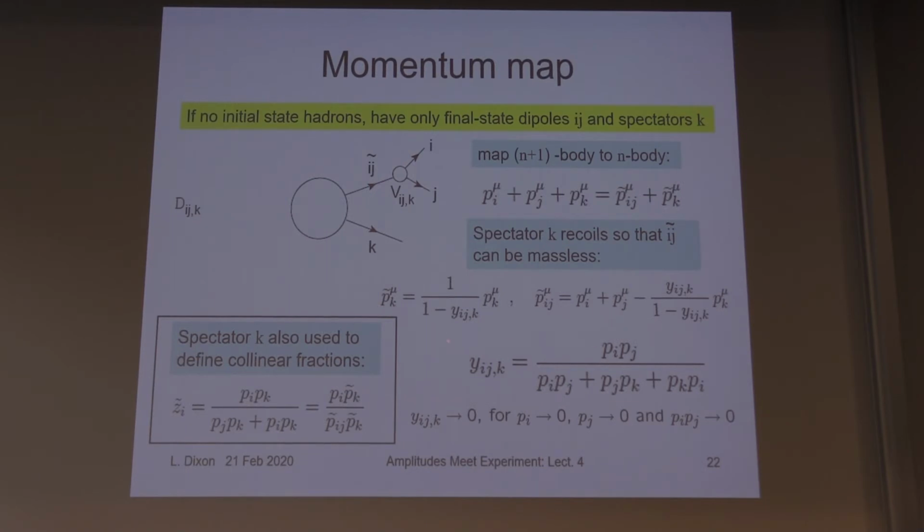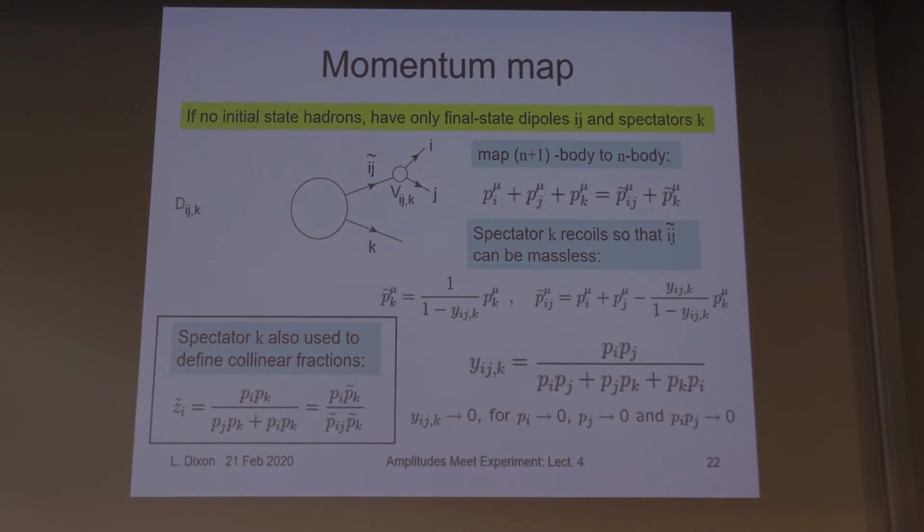In order to do that, you need to constrain these functions, and they can all be expressed in terms of this variable here, which involves p_i dot p_j in the numerator. So when the invariant mass between i and j goes to 0, this y goes to 0, and this goes back to just being p_i plus p_j. But the spectator momentum also allows you to define how collinear i and j are.